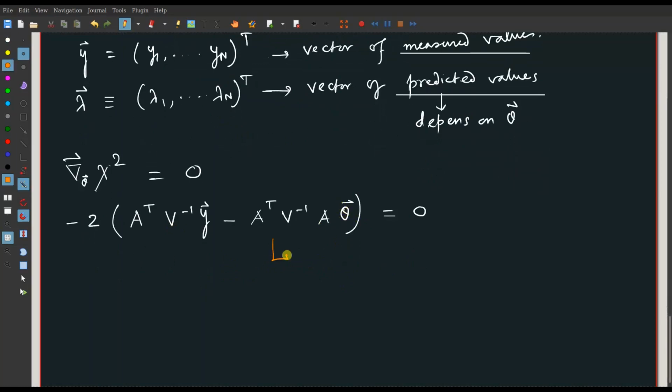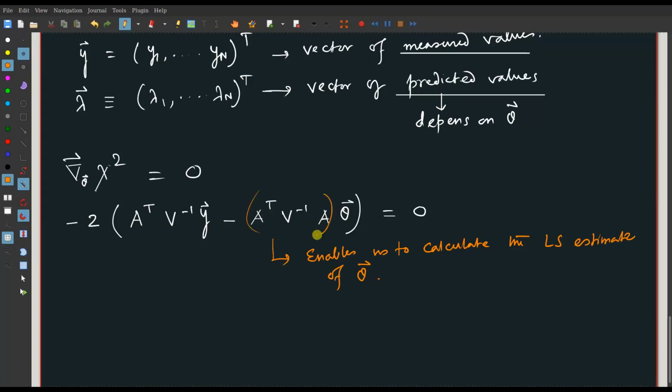By best fit value I mean the least square estimate of theta. So this enables us to calculate the least square estimate of theta. And what will be the least square estimate?